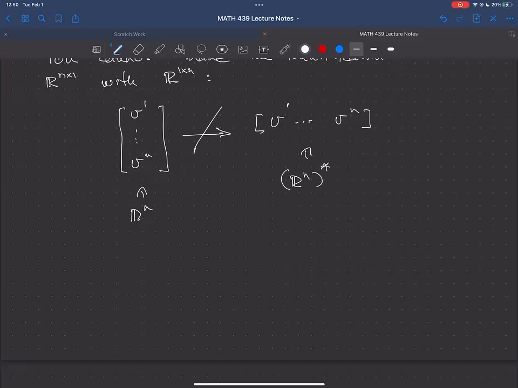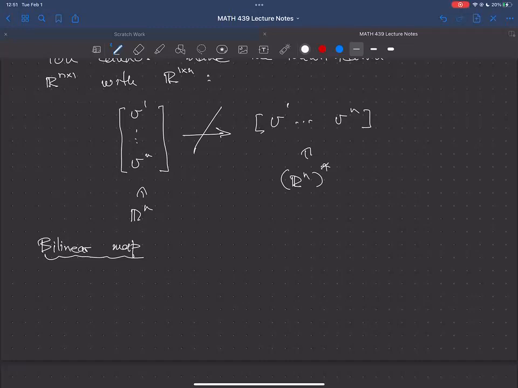And the topic is bilinear maps. You may not have encountered the terminology bilinear map before, but you all know of one example of a bilinear map.